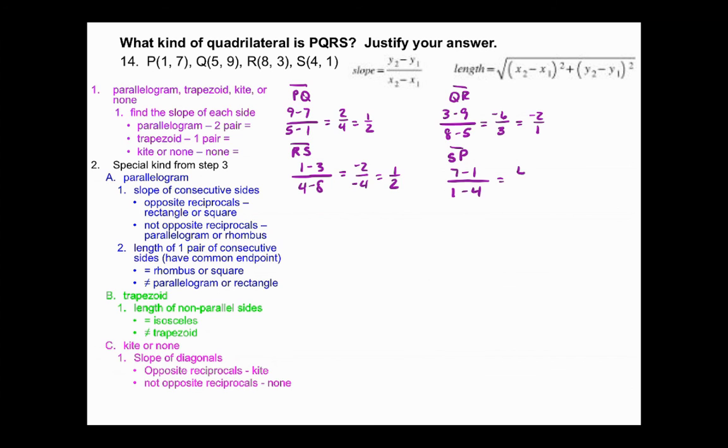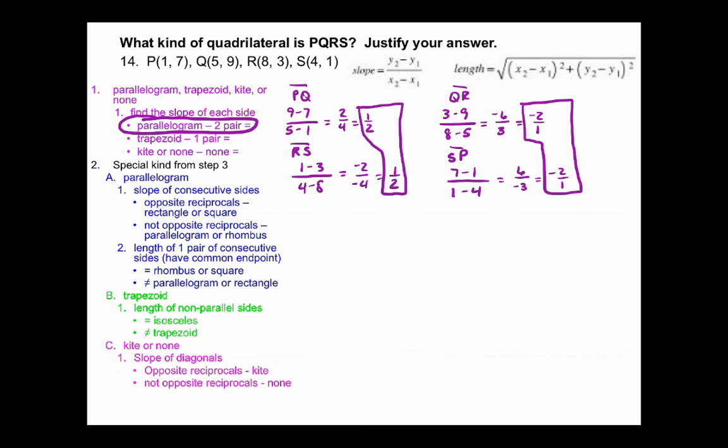And this is going to be 6 over negative 3 to get a negative 2 over 1 or negative 2. So when we look, I have 2 that are a slope of 1/2, and I have 2 that are a slope of negative 2. So this is 2 pair of parallels.